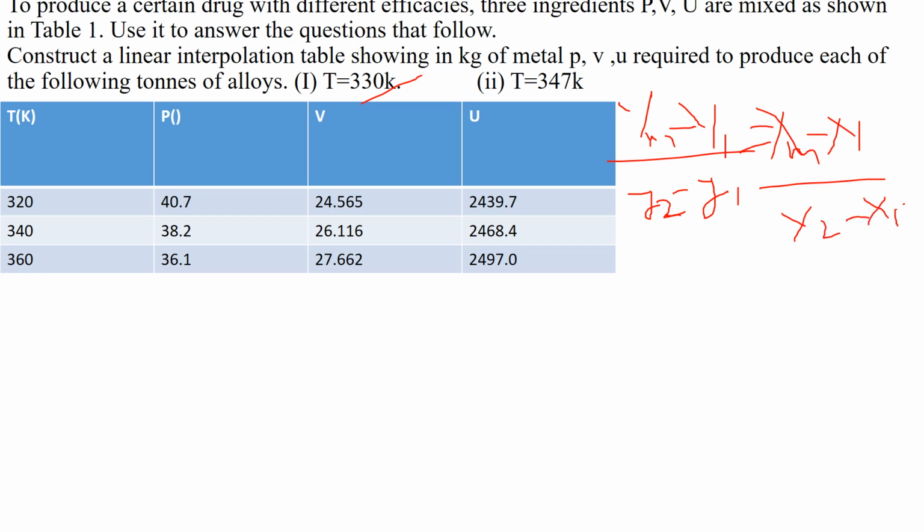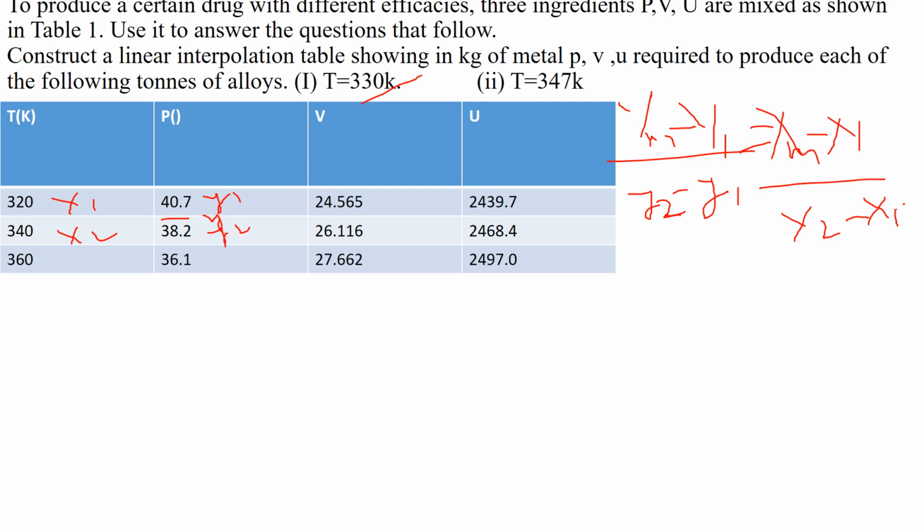In my case here, my x1 is 320, and this one is my x2, and here I have my y1 and this is my y2, and here is the point m, the point that you are getting.